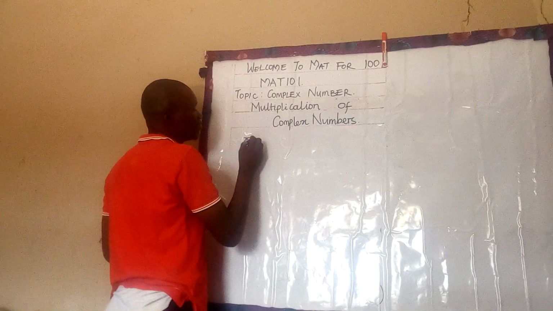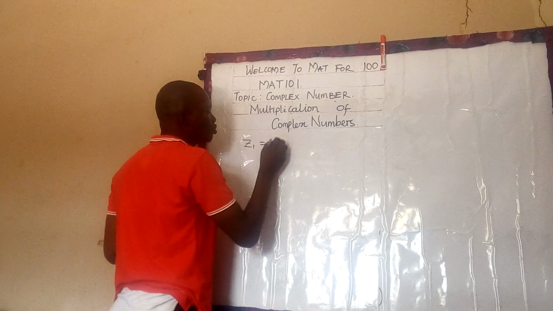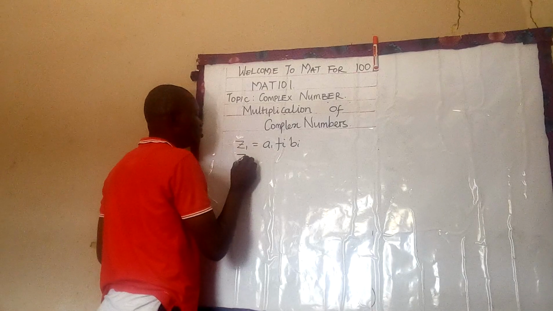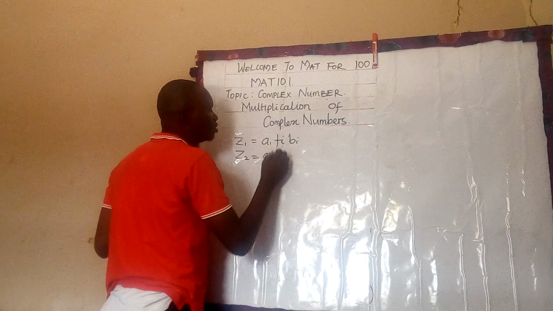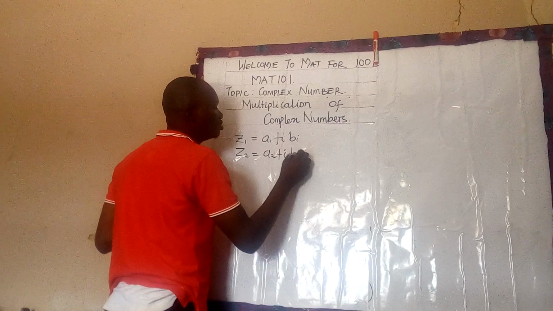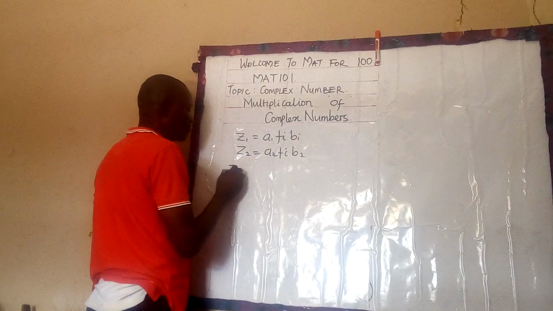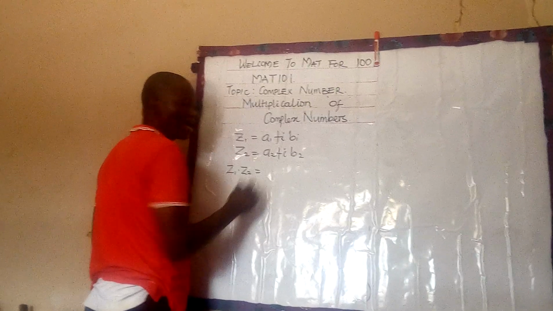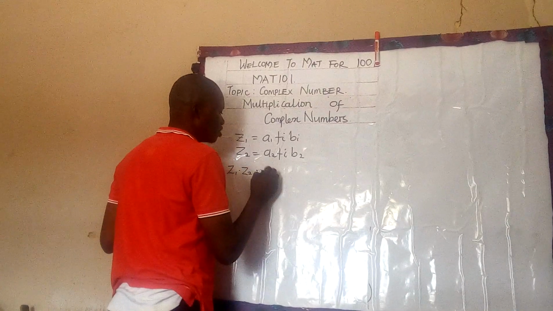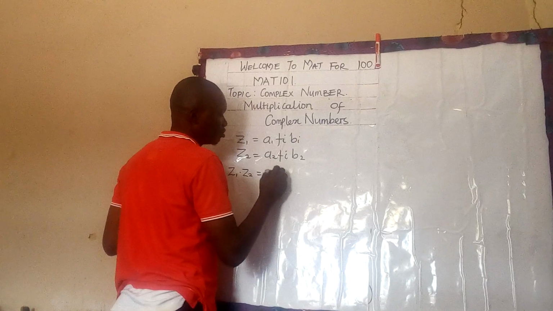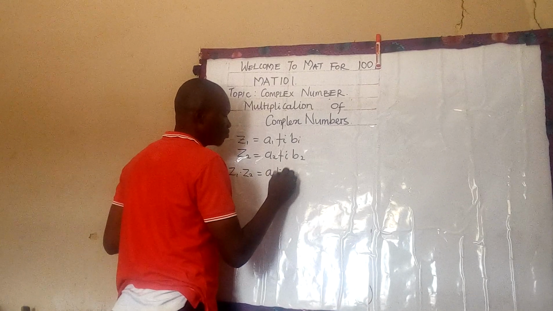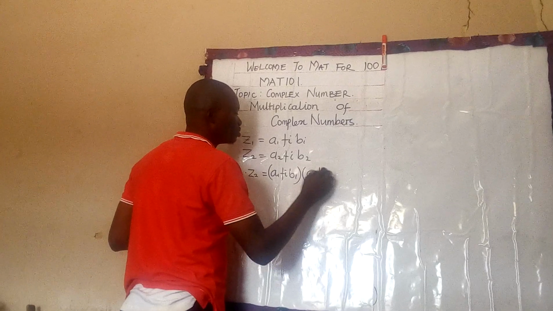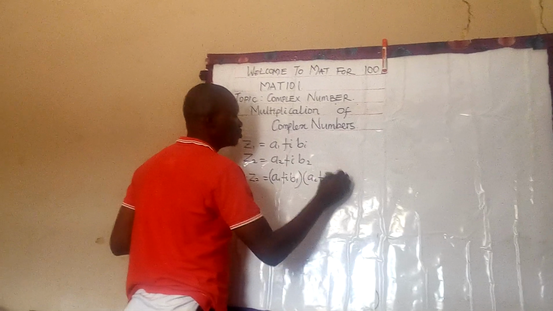So remember, if we have Z1 equals A1 plus iB1, and we have Z2 equals A2 plus iB2, then when we have Z1 multiplied by Z2, the answer is equal to A1 plus iB1 multiplied by A2 plus iB2.